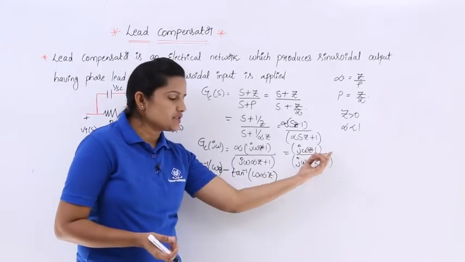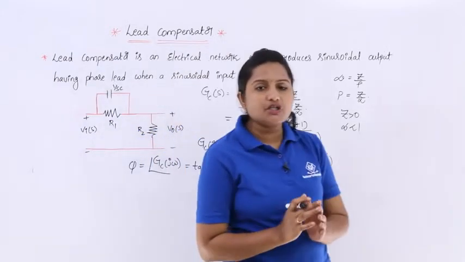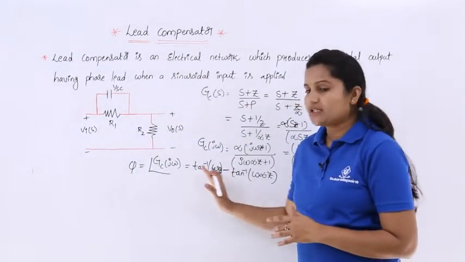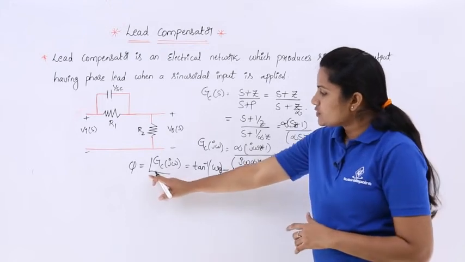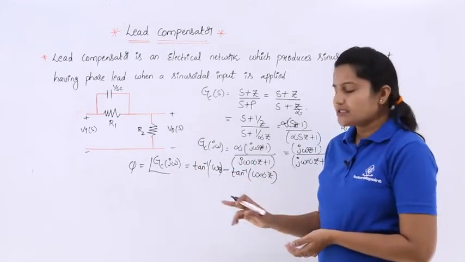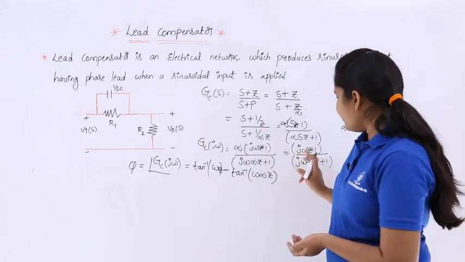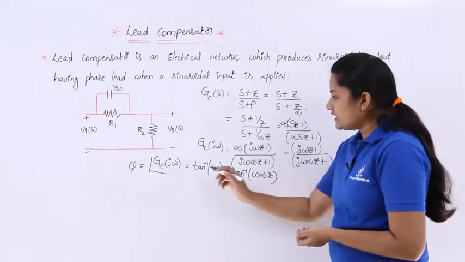I am writing like this. Now I am ready with the transfer function in j omega form. Now I can take phase and magnitude. So here phase phi is equivalent to angle of Gc(j omega), that is equivalent to tan inverse of the numerator term. How can we write the phase angle?